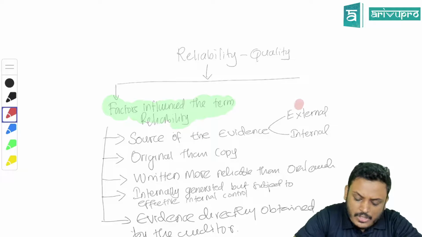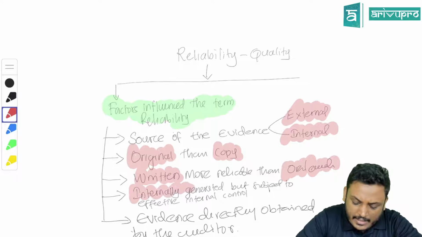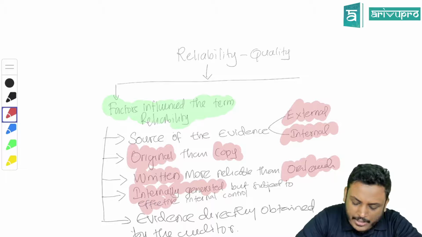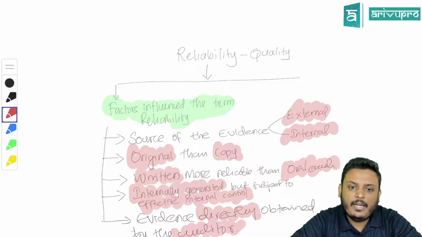External source is more reliable than internal, original is more reliable than copy, written evidence is more reliable than oral evidence, and internally generated evidence is more reliable when it is subject to effective internal controls, and evidence directly obtained by the auditor is more reliable. So all these things will affect the reliability.